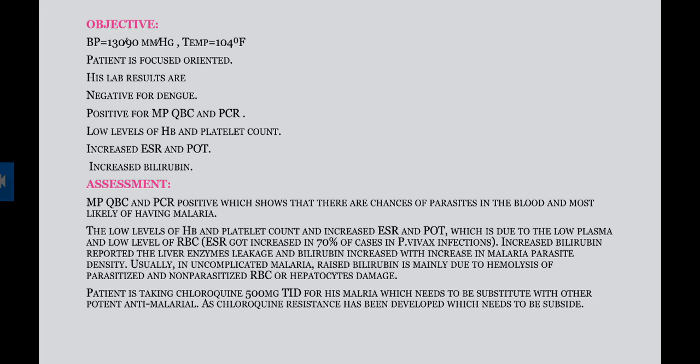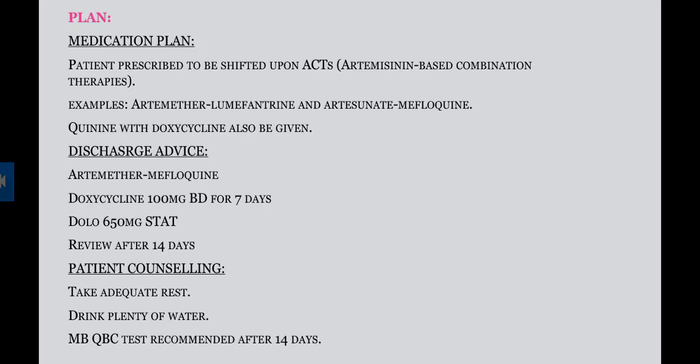Patient is taking chloroquine 500 mg TID for his malaria, which needs to be substituted with another potent anti-malarial, as chloroquine resistance has developed. The plan for the malarial patient is a medication plan in which the patient is prescribed to be shifted to ACTs, artemisinin based combination therapies, as he has developed chloroquine resistance.